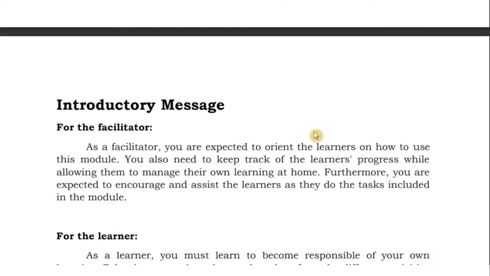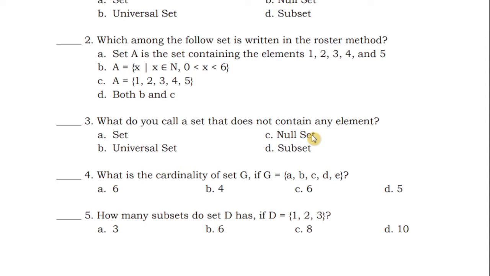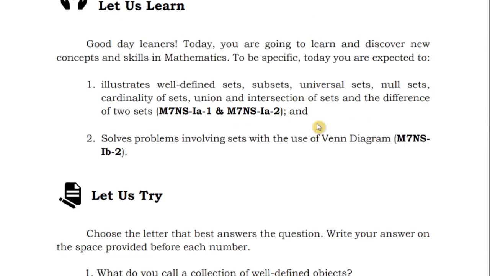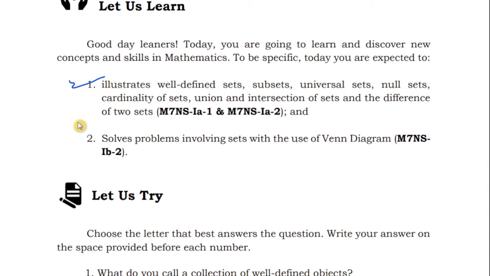Okay, so our main focus in this discussion, in particular in the module on sets, is that we have to illustrate well-defined sets, subsets, universal sets, null sets, cardinality of sets, union and intersection of sets, and the difference of two sets.